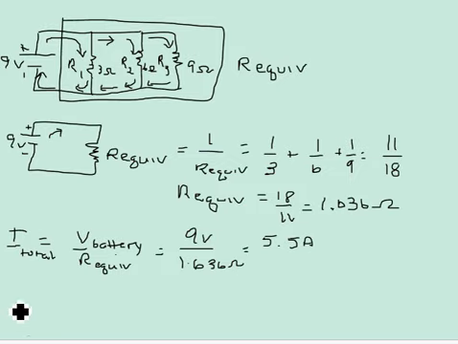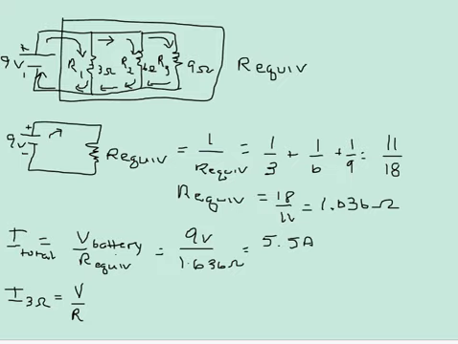We're going to figure out the current going through each of the resistors. So here we go, and we say, well, the current going through the 3 ohm resistor is equal to the voltage across the resistor divided by the resistance. Here's where you're going to say, what's the voltage across the resistor? You have to remember the rule for a parallel circuit.